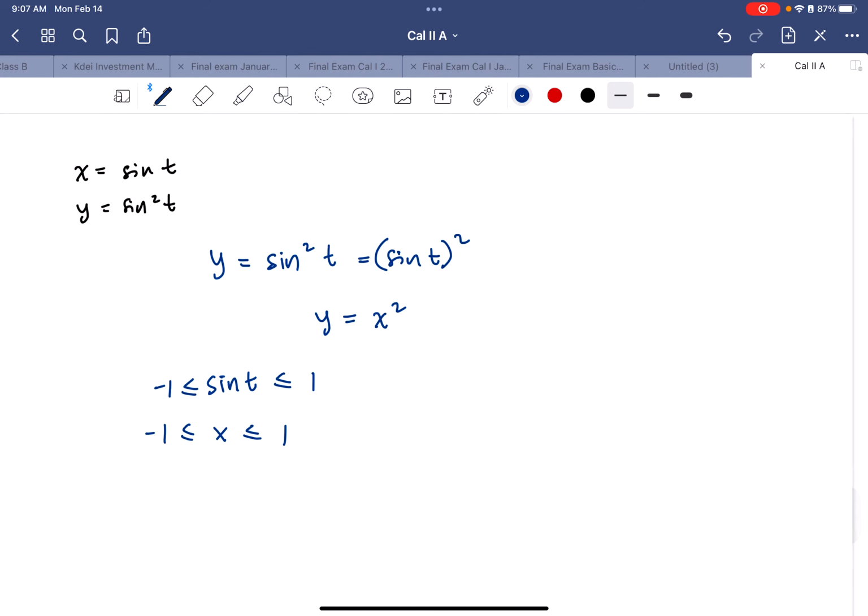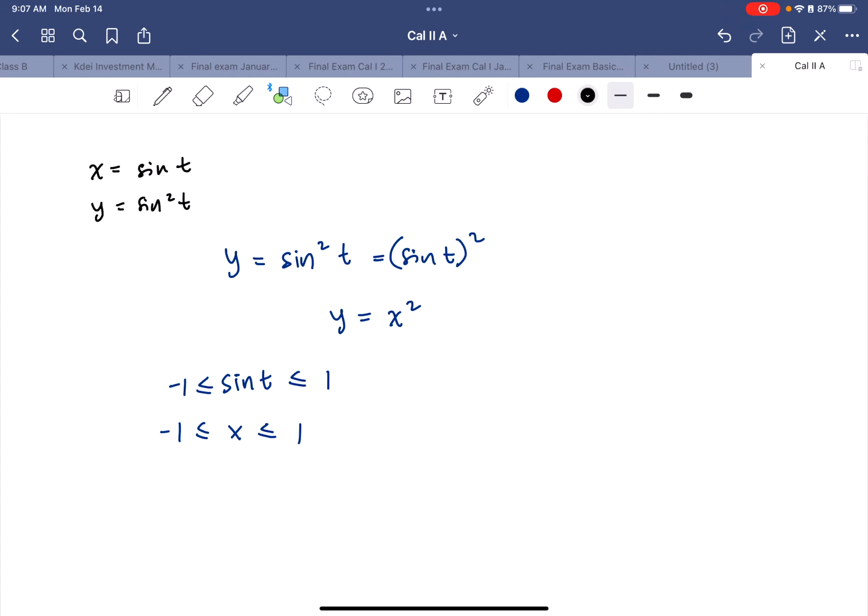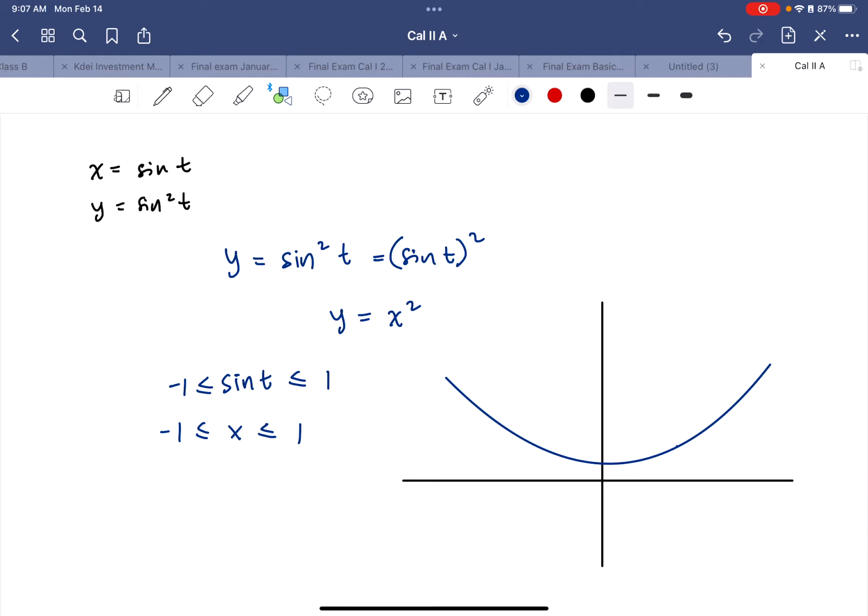So if you would like to draw this, let's say this is -1 and 1.